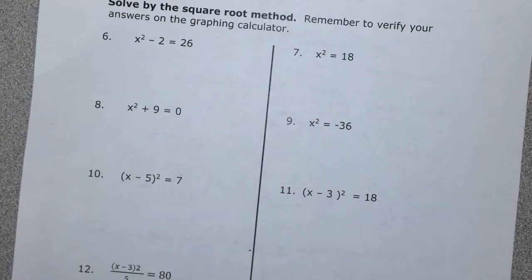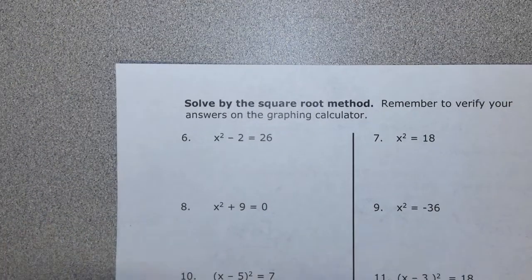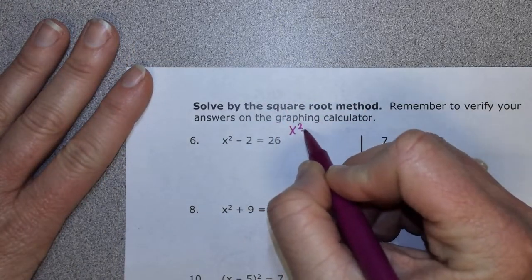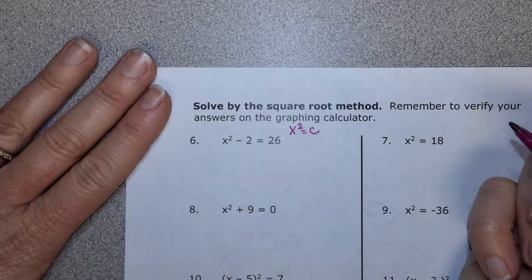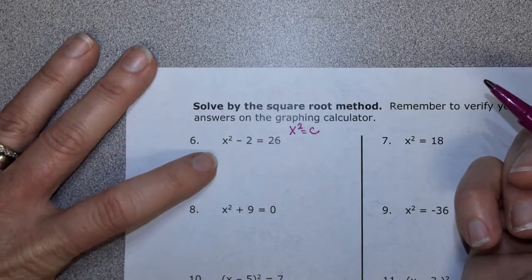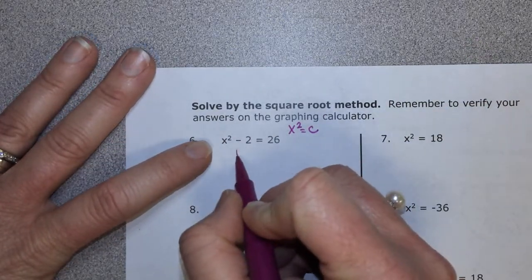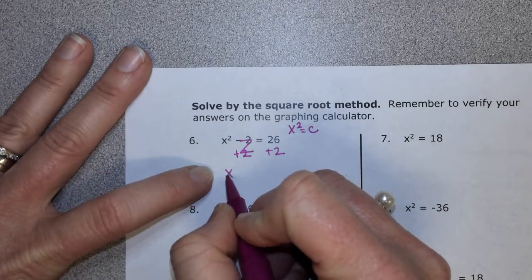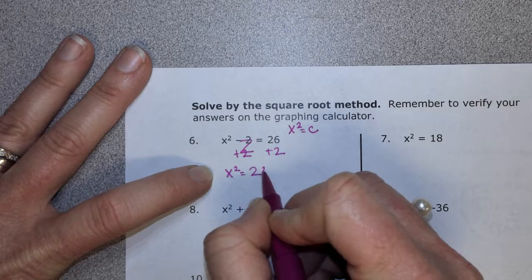Okay, so flipping over to the back side. For number 6, this time I want to get my equation set up so that it looks like x squared equals c, and then I can do the square root method. So in order to get mine to look like this, I'm going to have to add 2 to both sides. So then that gives me x squared equals 28.